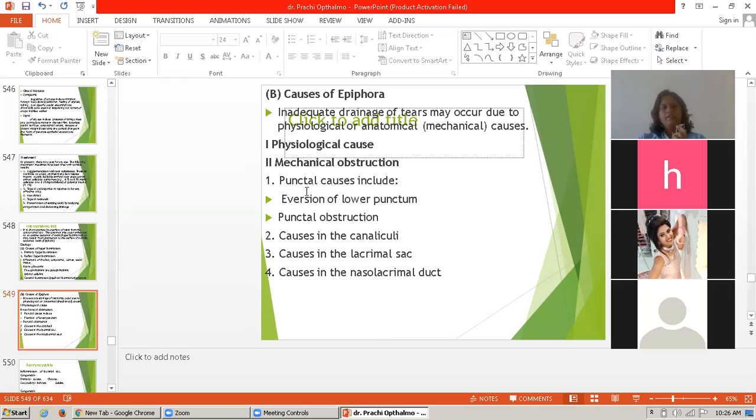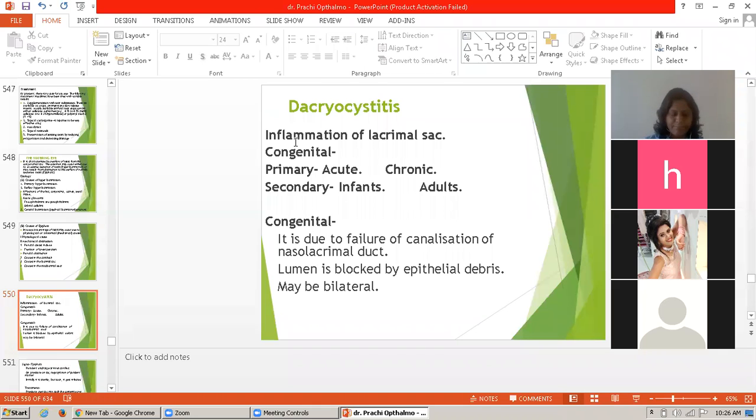Next are the causes in the canaliculi, then causes in the lacrimal sac, and then causes in the lacrimal duct. So when there are causes in the canaliculi, lacrimal sac, nasolacrimal duct or punctum, this leads to mechanical obstruction, which leads to watering. So this is all about the watering of the eye.